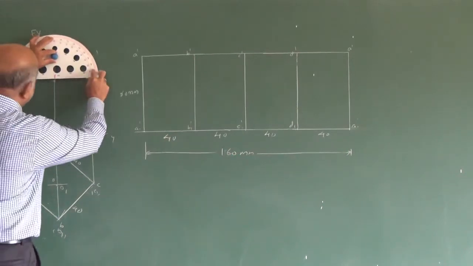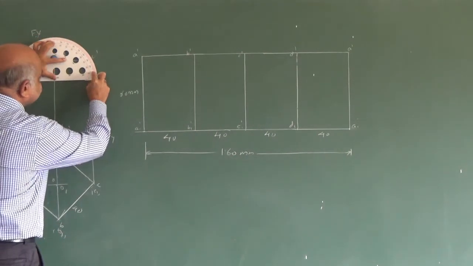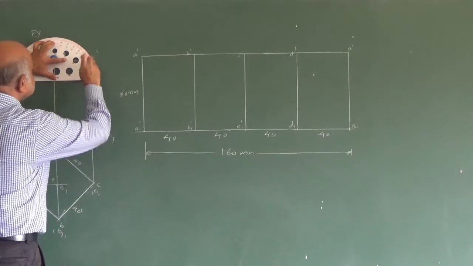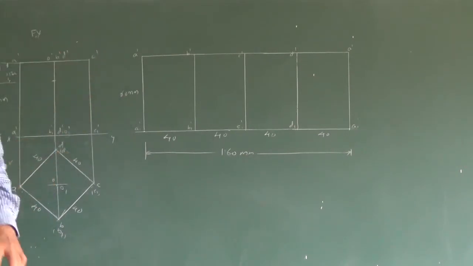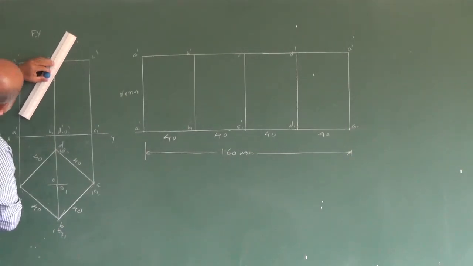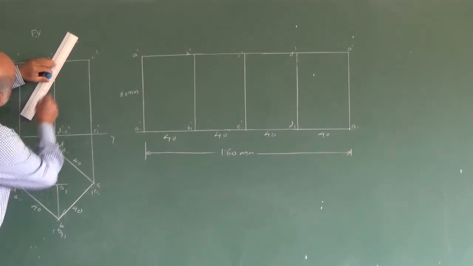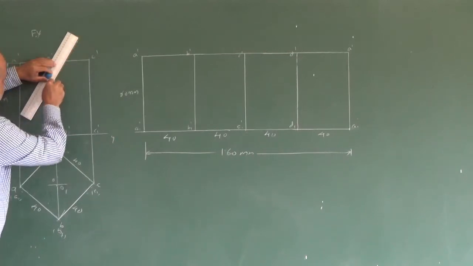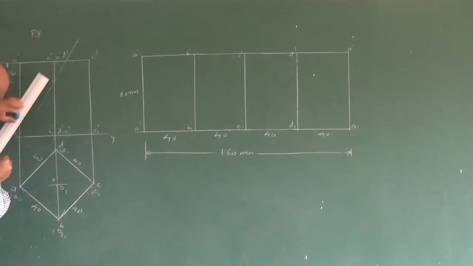So this is the axis point. One should mark a 60 degree line. So you draw the cut section, which is making inclination with respect to HP. Extend it.